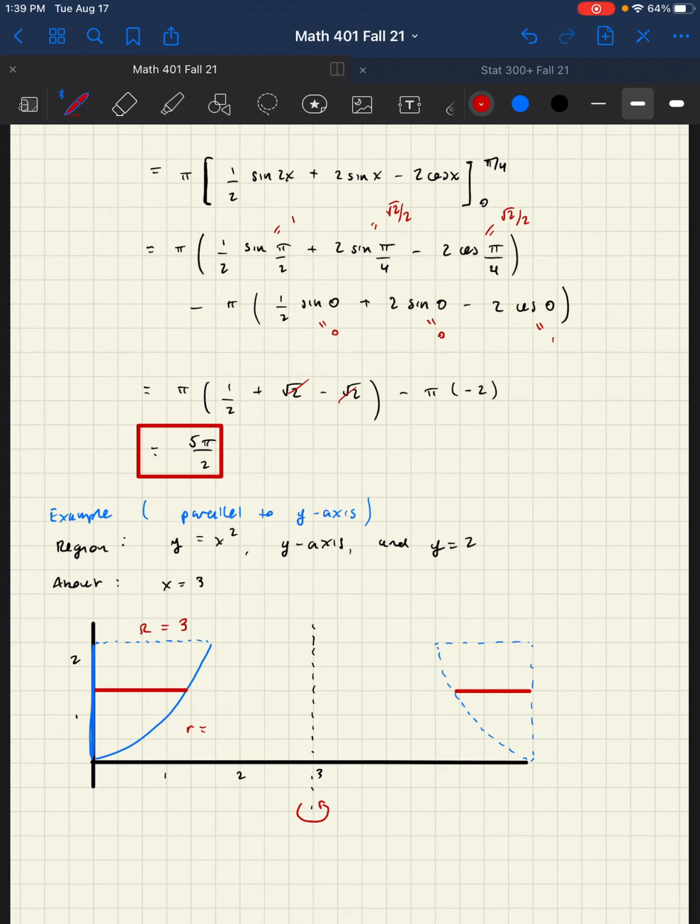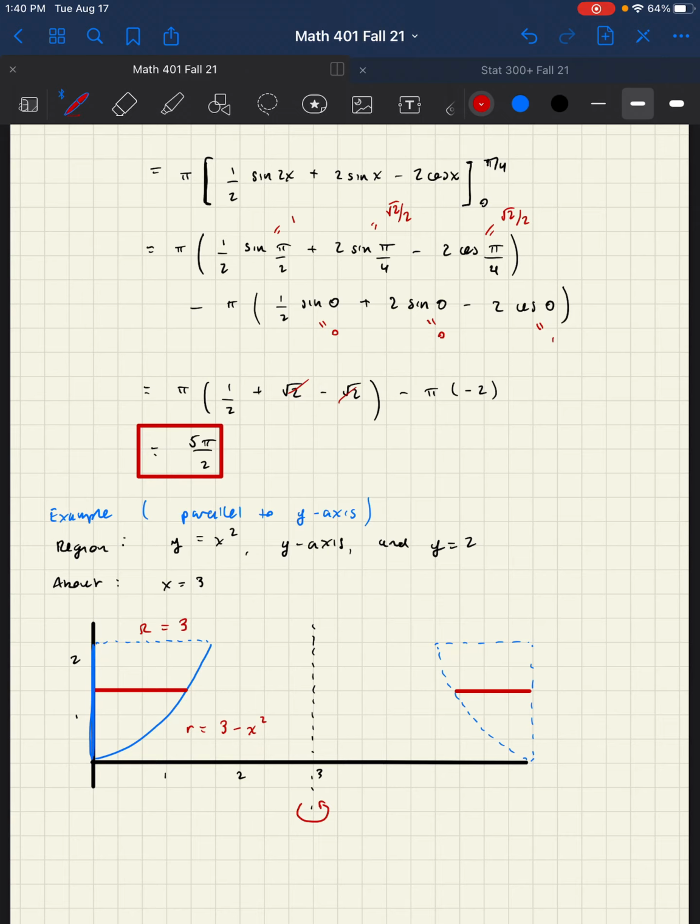And little r, was that right? No, that's right. Little r then is going to be the difference between 3 and this line right here. So that's going to be 3 minus x squared.